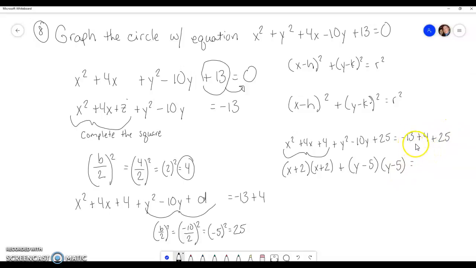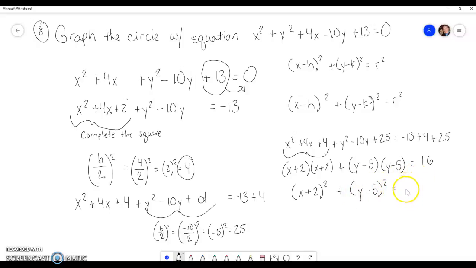So negative 13 plus 4 is negative 9 plus 25 is positive 16. Okay. Now you can see I have two of the same things, so I have x plus 2 times x plus 2. So that's x plus 2 squared plus y minus 5 squared is equal to 16.